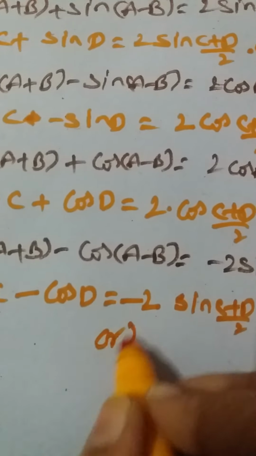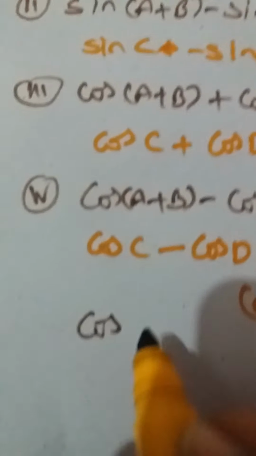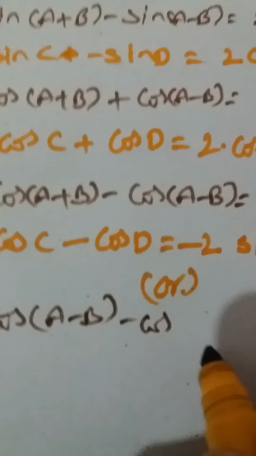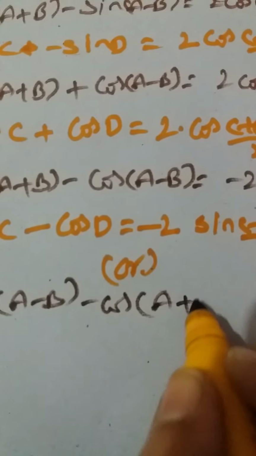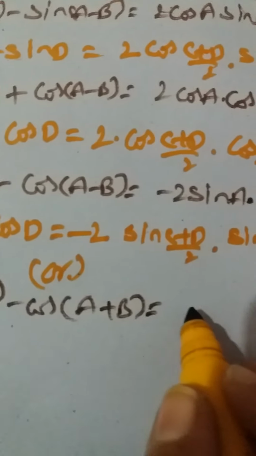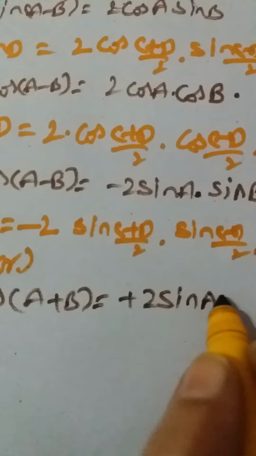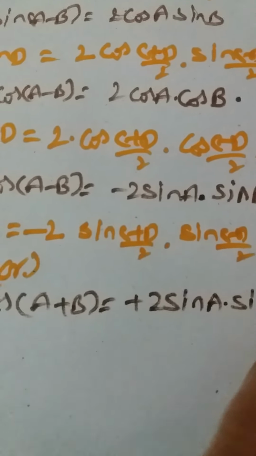Or we can write it as cos(a-b) - cos(a+b) = 2 sin a sin b.